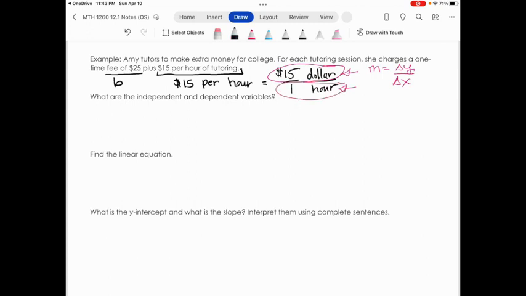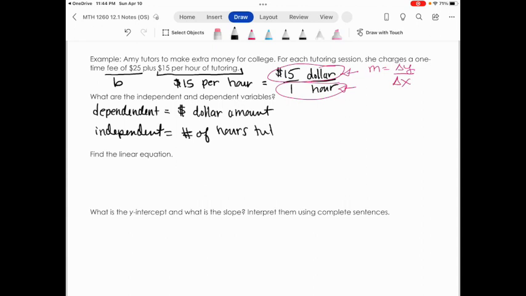the hours. So I'm going to write this down as the dependent is the dollars, and then the independent is the number of hours tutored, which makes sense because when you go to pay Amy for tutoring, she's going to calculate her dollar amount that she's going to charge you based on the number of hours tutoring.